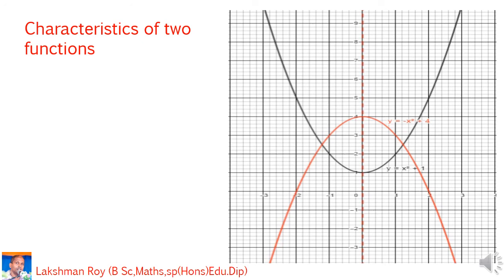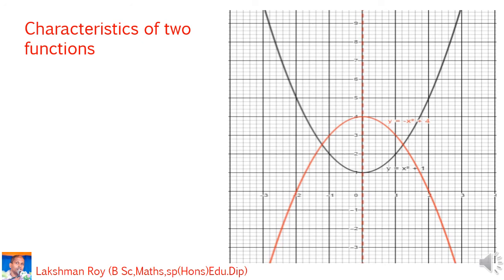Now I draw another graph, a parabola of maxima. Then you can see the equation of axis of symmetry of both curves is the same. Those are the properties.